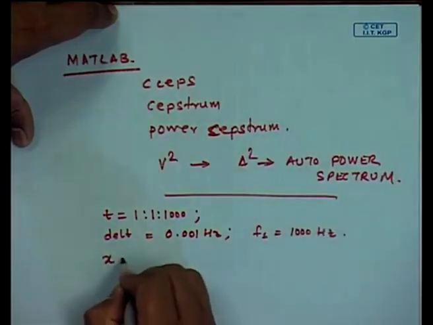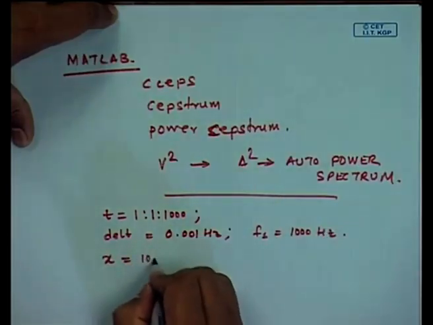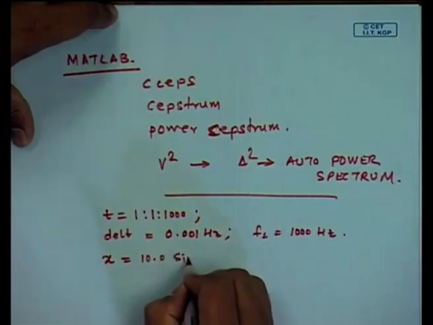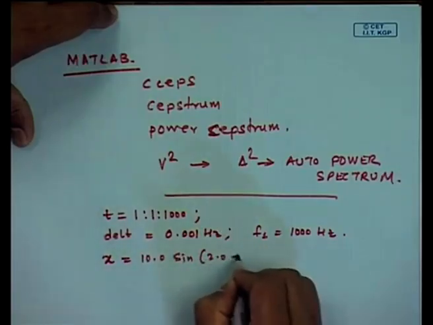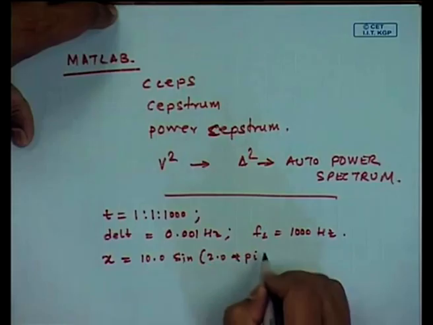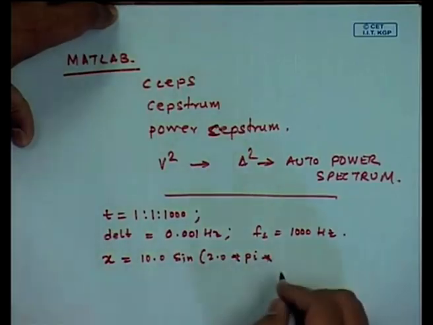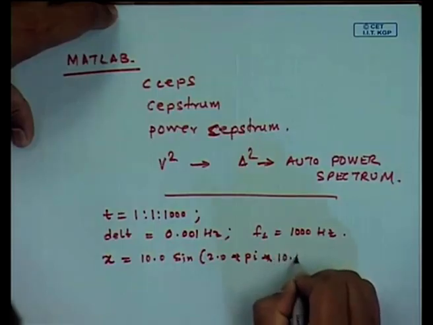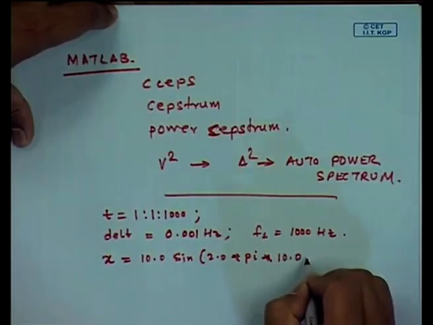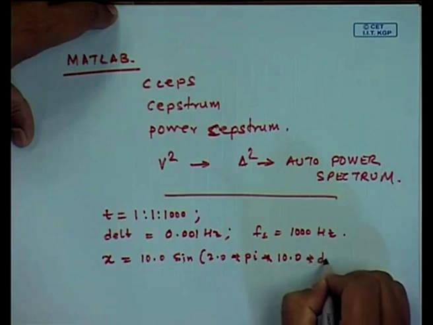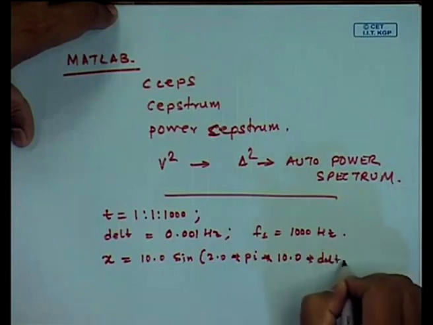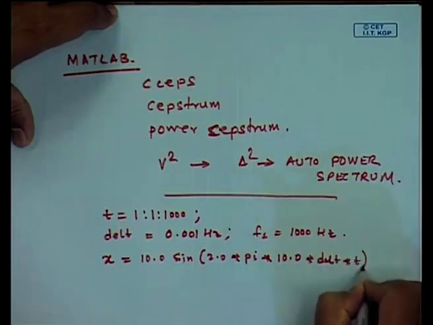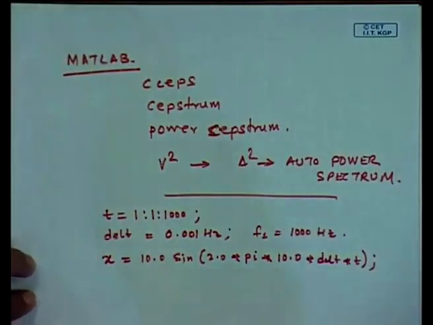I can generate a signal x is equal to 10.0 sine 2.0 star pi star f, say maybe 10.0, star del t star t. So, this will generate a signal x.